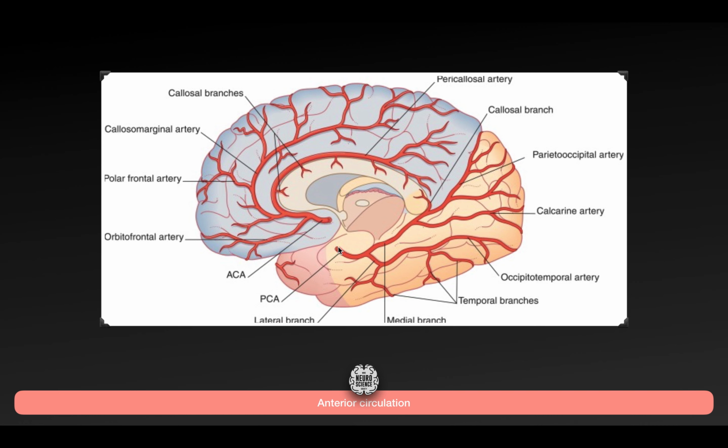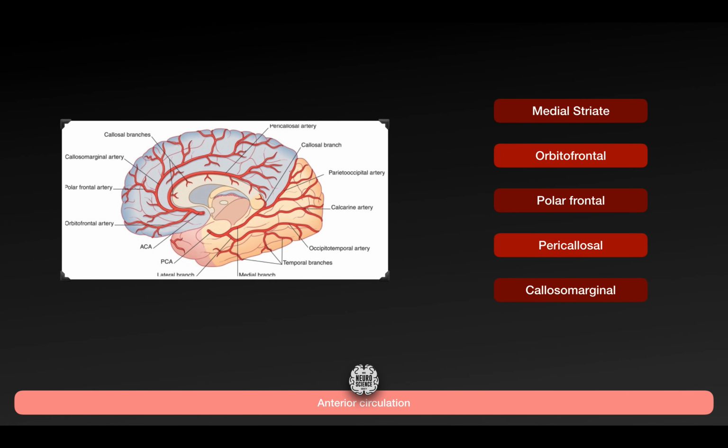Just mention PCA while we're here. It gives off a few branches that are variably named, but the calcarine artery is one such artery that it gives off. That's really important. So that runs to the calcarine sulcus, and that's the vasculature for V1, V2, V3, and the like.